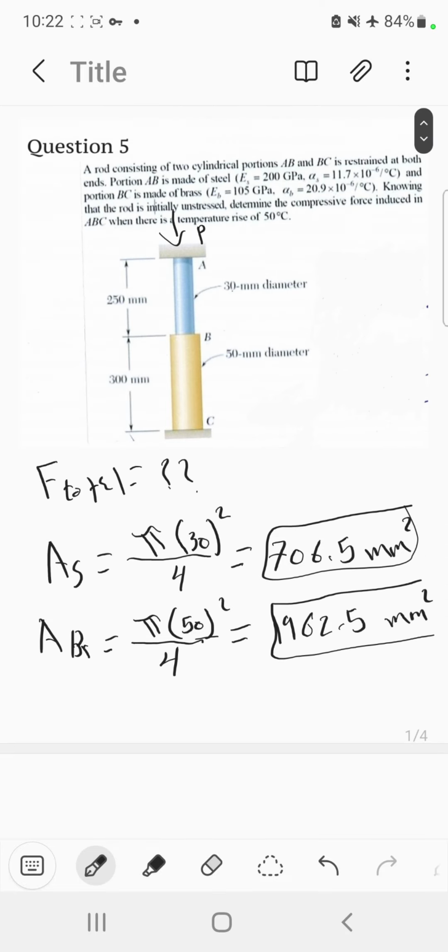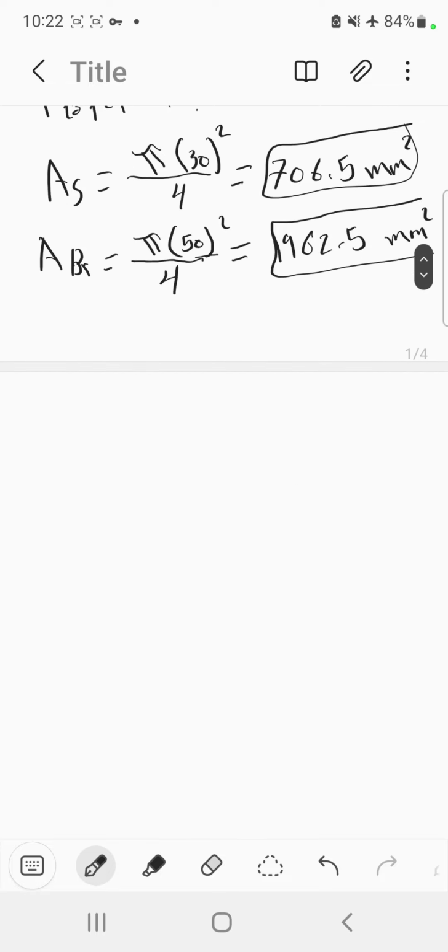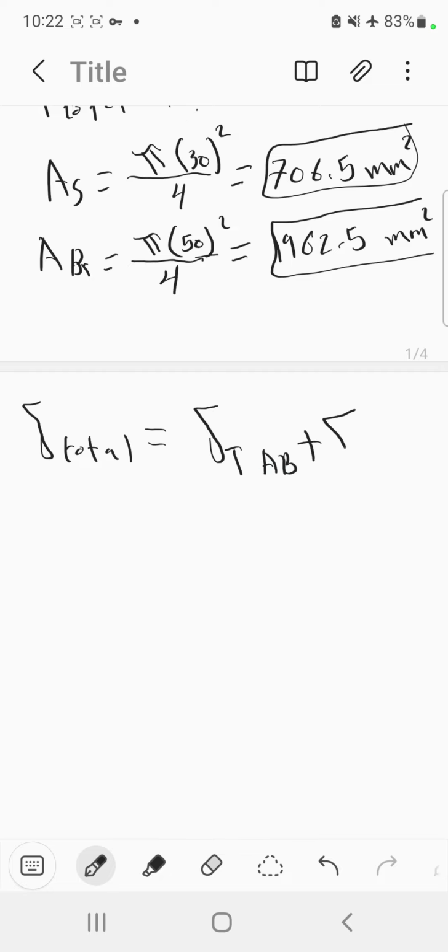Here we are dealing with thermal, so there is some heat applied on the system. So how can we find our new equation? It's gonna be like this: delta total equal to the thermal change in length for the AB portion plus the thermal for the BC portion.